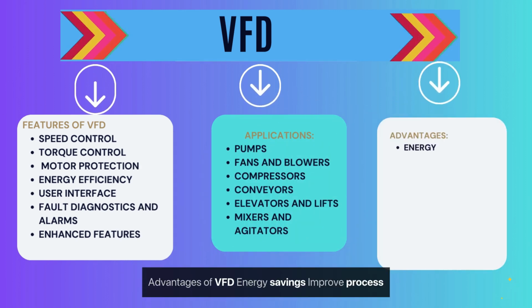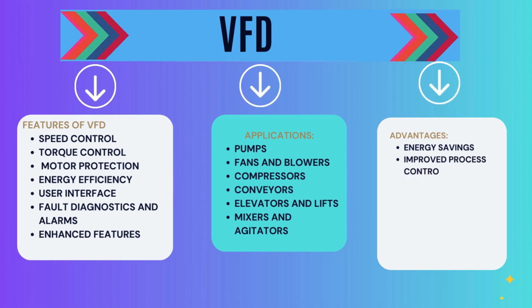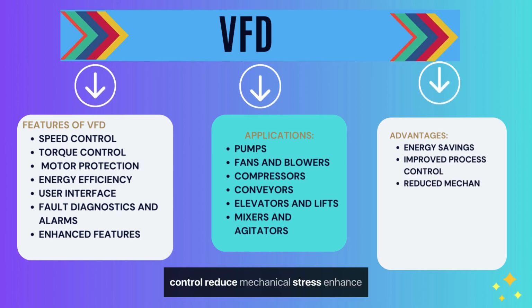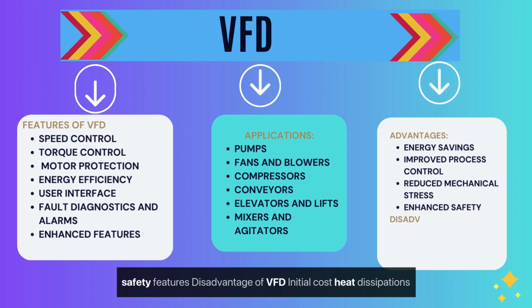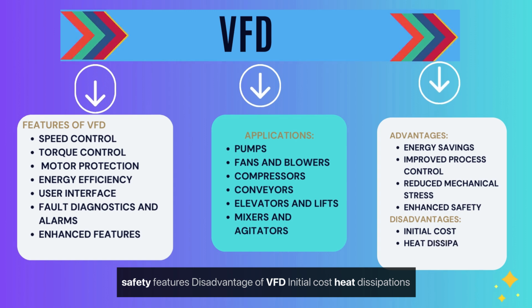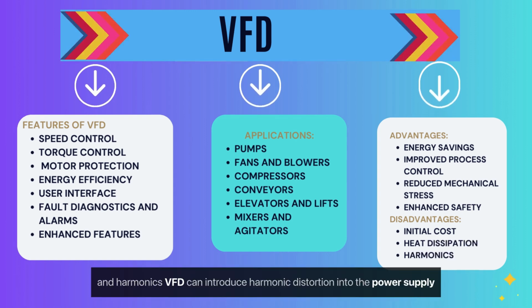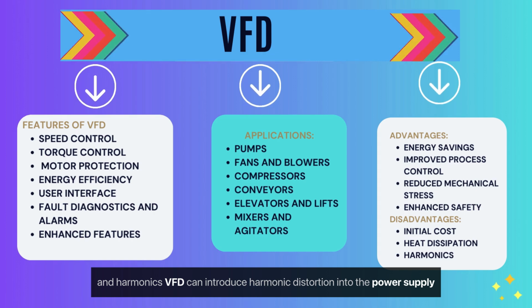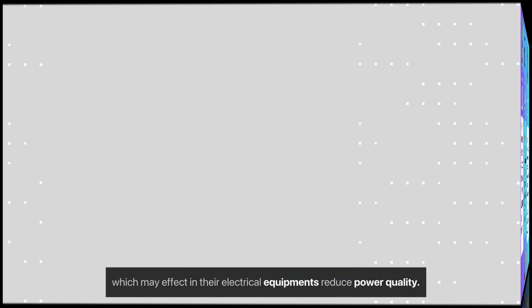Advantages of VFD: energy savings, improved process control, reduced mechanical stress, enhanced safety features. Disadvantages of VFD: initial cost, heat dissipation and harmonics. A VFD can introduce harmonic distortion into the power supply, which may affect electrical equipment and reduce power quality.